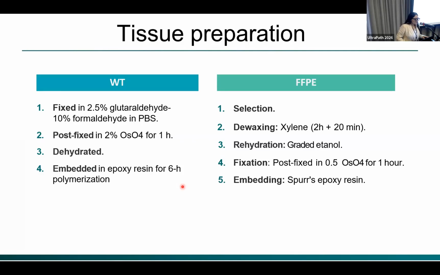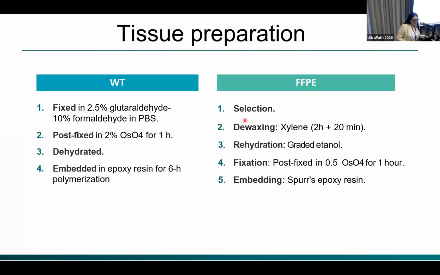So for the tissue preparation, in the wet tissue, we initiate with the fixation in a dual aldehyde, in this case 2.5% glutaraldehyde and 10% formaldehyde. Then the post fixation with 2% osmium tetroxide, the dehydration, and finally the embedding in epoxy resin.